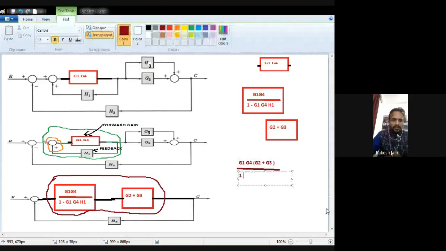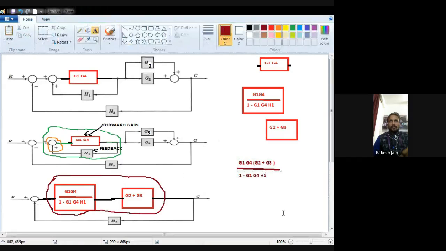So this one is the new representation of those two blocks which are in cascade. This will be converted into this.